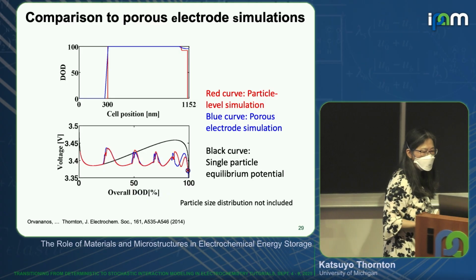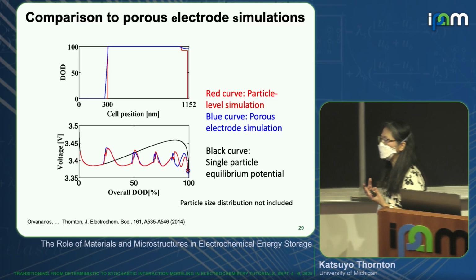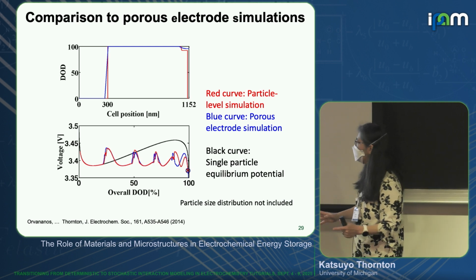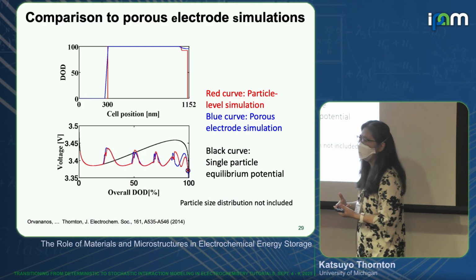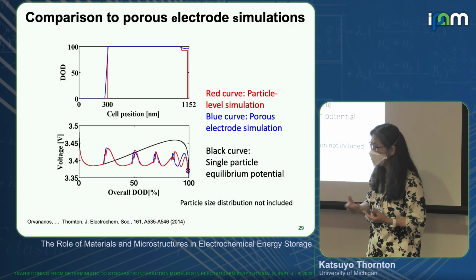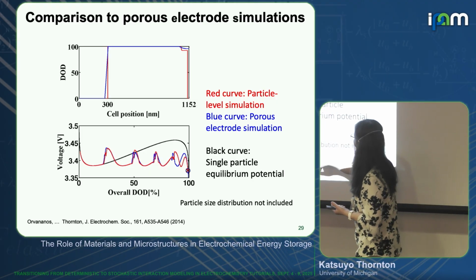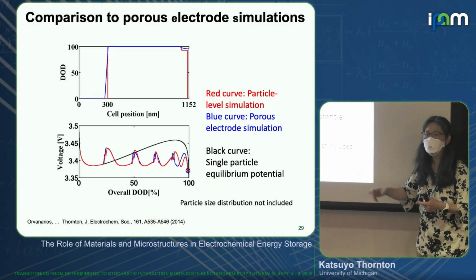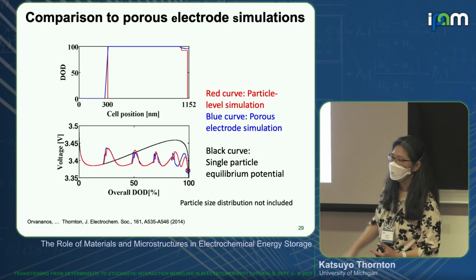That gives us confidence that we can coarse grain the particle level with proper handling of the complications, for the thermodynamics of the system, anisotropy of the transport, etc. But here, particle size distribution is not included, so you have to do that separately on top of this.